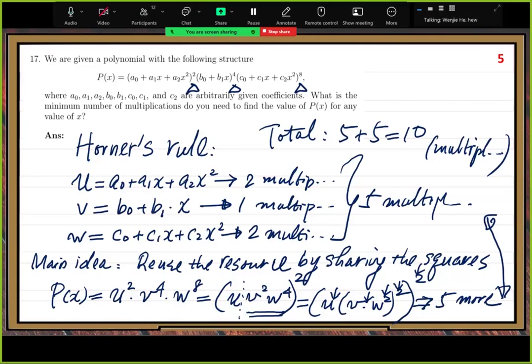Because that idea we borrow from our Horner's rule experience, sharing multiplications by factorization. That's our old experience. But here we need to modify it. Many times you have the experience, but it may not be quite the same as what is needed in the current situation. You have to make suitable adaptation, like we did here.